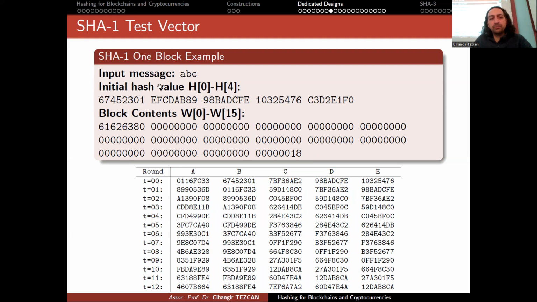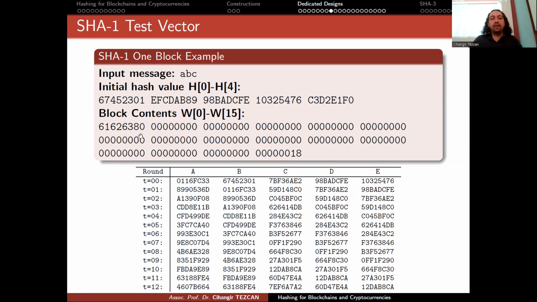As you can see, we said that the block size is 512 bits, but you have only 3 characters, right? In the hexadecimal notation, ABC will be represented by 61, 62, and 63. So these are the characters you put. Now we have to perform padding. I told you that the padding works as follows. You put a single bit of 1, then you fill the rest of the block with zeros.